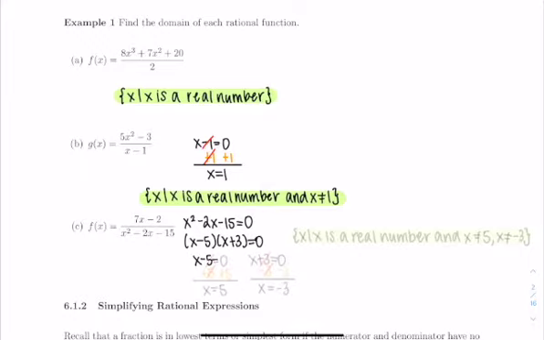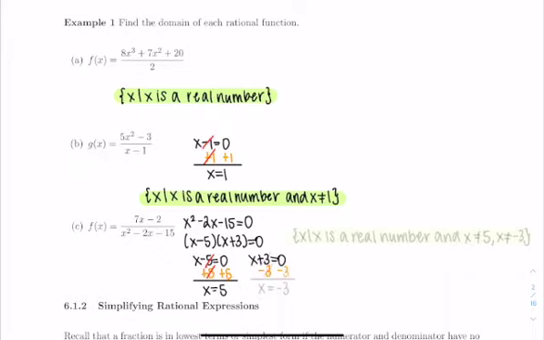Setting each piece equal to 0, and then solve. I'm going to add 5 to both sides, and I get x equals 5 for one of my values I cannot have.